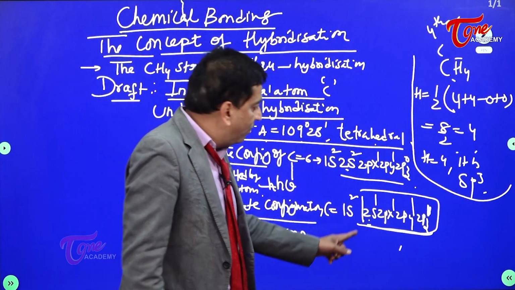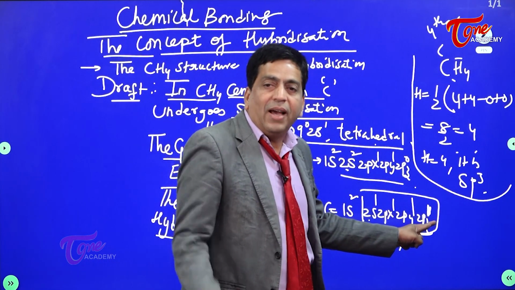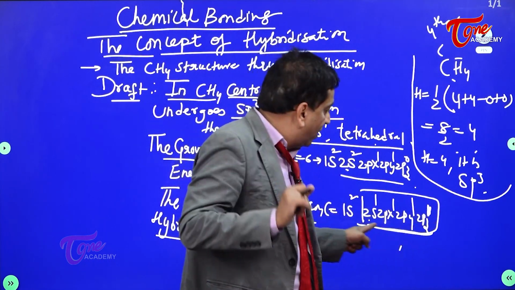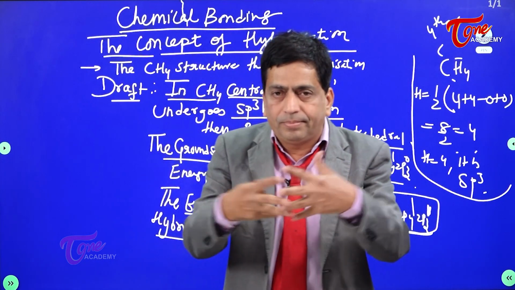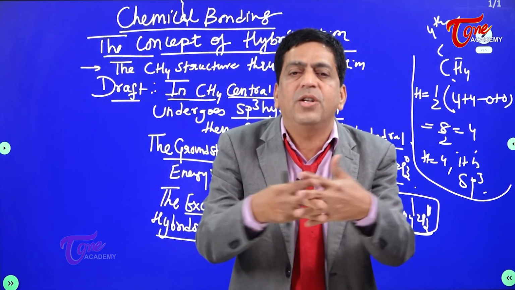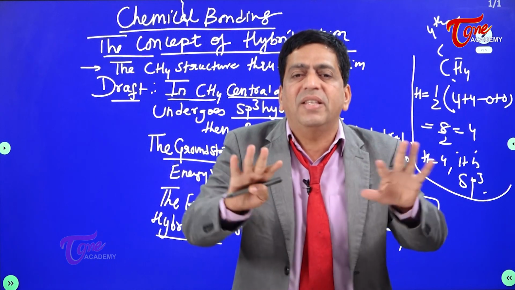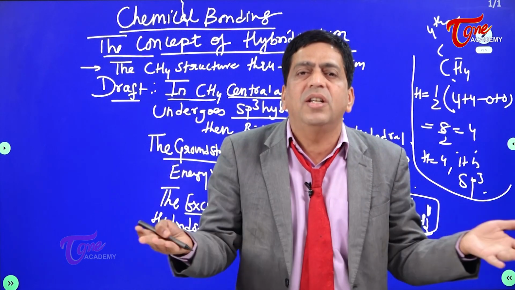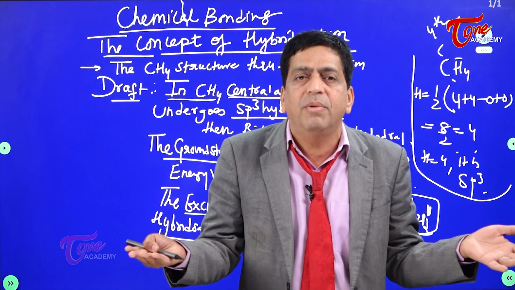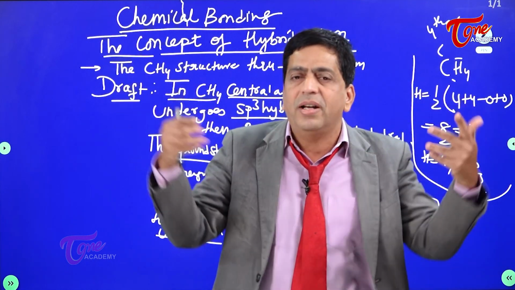I lock it. You have this 1s and 3p's. And the hydrogen is approaching, so they will intermix and get ready. Get ready means sit in a bond angle of what? 109 degrees 28 minutes. Then clap and ask the partner to come.